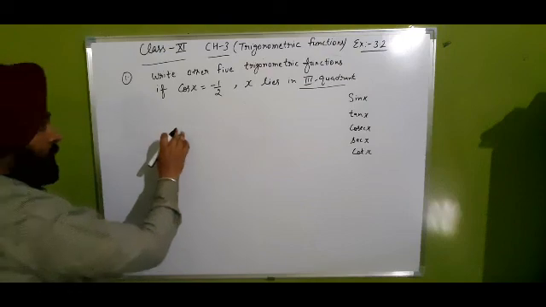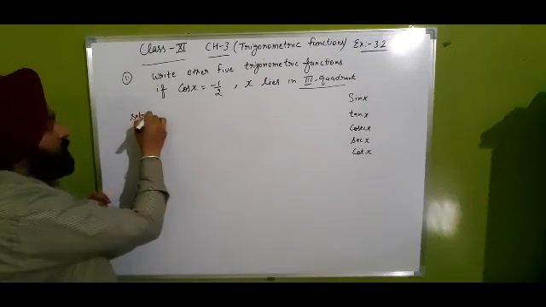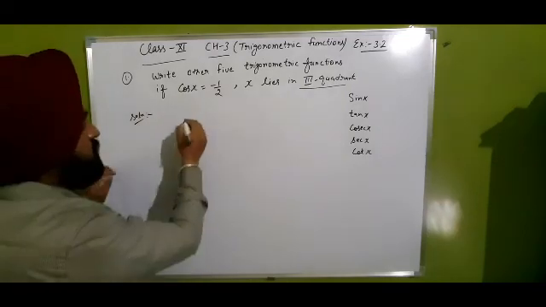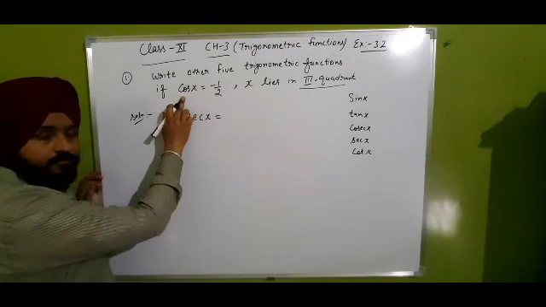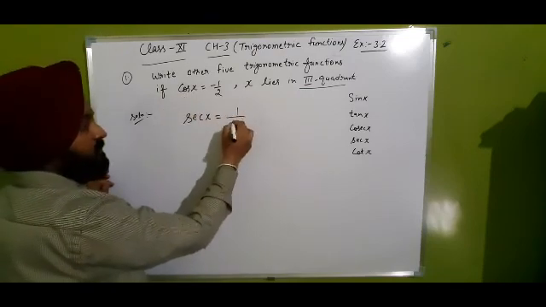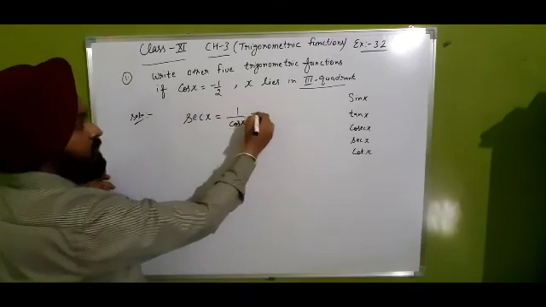Understood? Yes, we know the solution first. We know secant x is the reciprocal of cos, so we can write secant x as 1 upon cos x, and the cos x value they have already given.